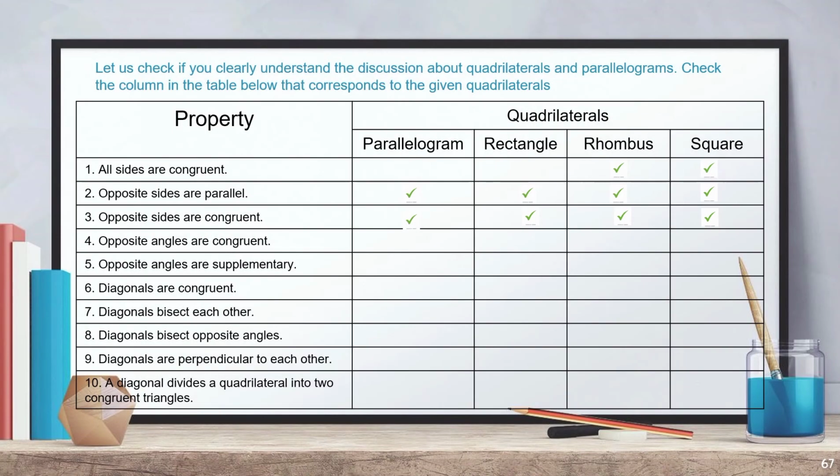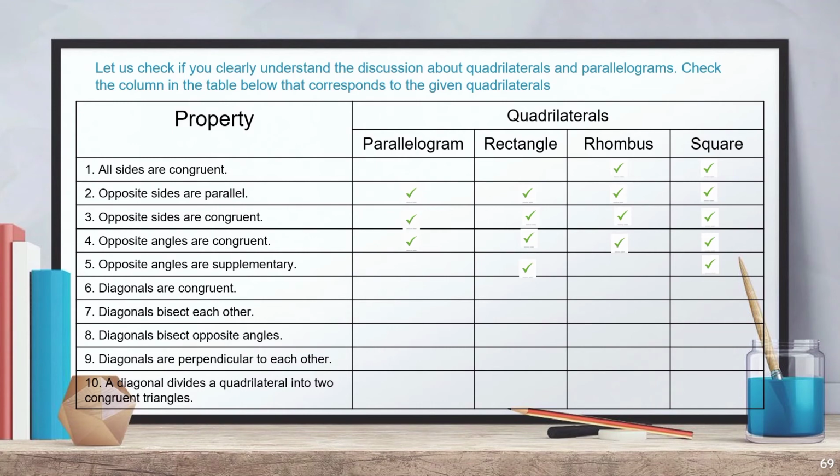So the 4 quadrilaterals have this property. Property number 4. Opposite angles are congruent. So still they have this property. Statement number 5. Opposite angles are supplementary. So only rectangle and square have this property.